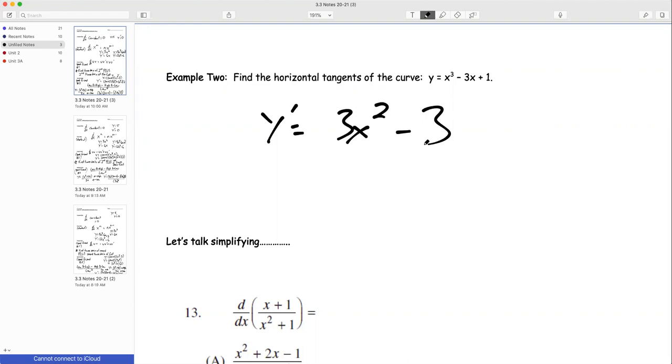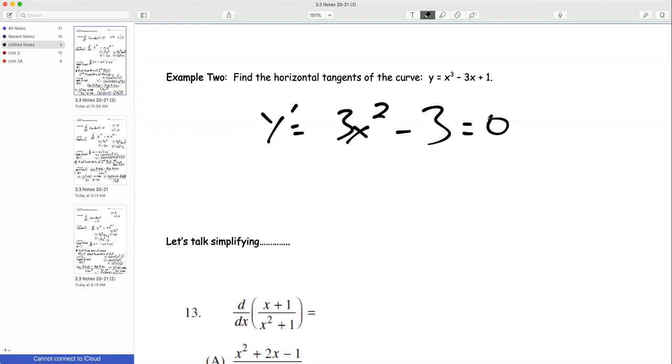What's a horizontal tangent look like? This, right? Am I right? Yes. What's the slope? 0. So when I take the derivative, that gives me the slope. So I want to find when the derivative is equal to 0, right? Are we out of the pit yet?